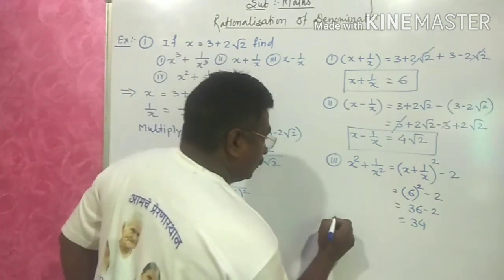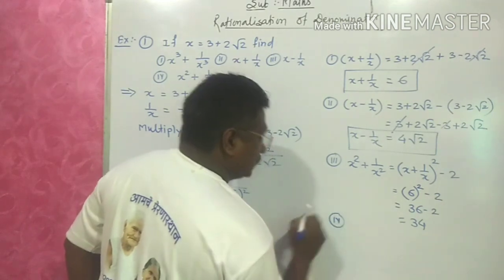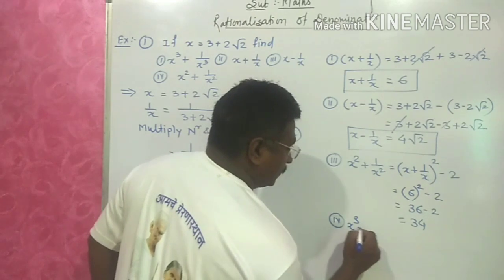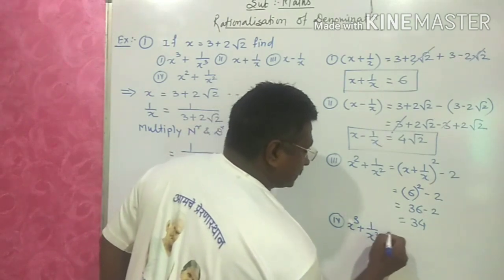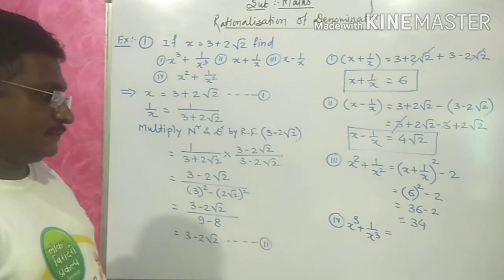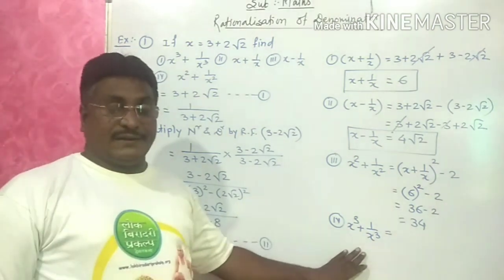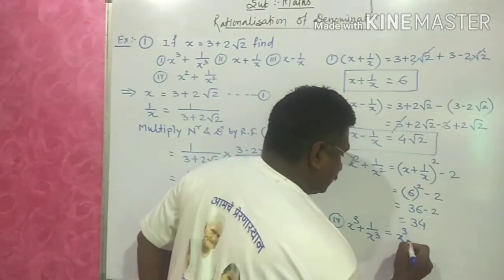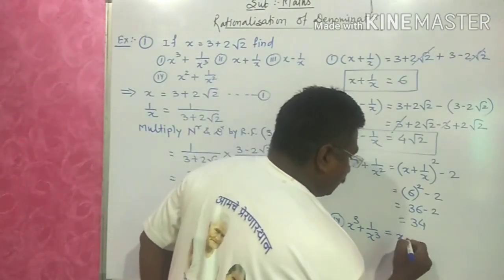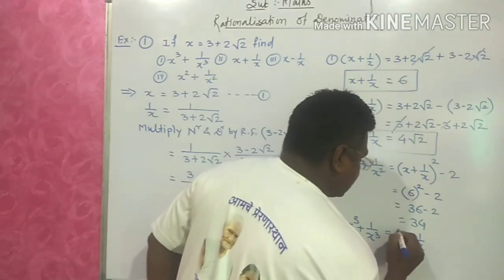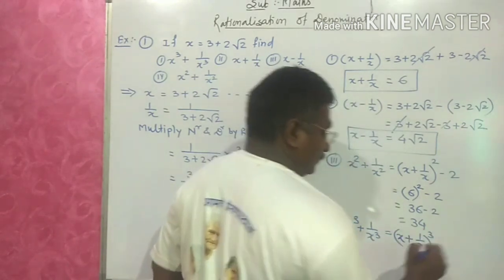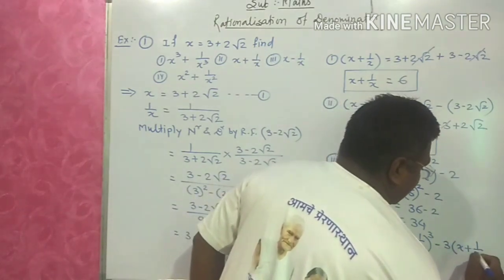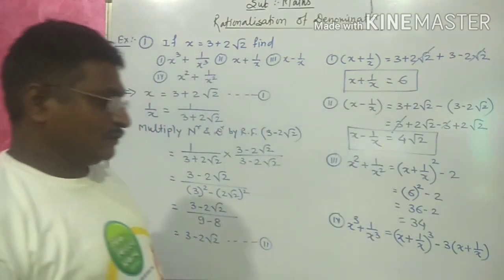Now the next. What is that? x cube plus 1 by x cube. How to solve this? Here also I gave a cubic identity. What is that? x cube plus 1 by x cube equals x plus 1 by x whole cube minus 3 into x plus 1 by x. Check it.